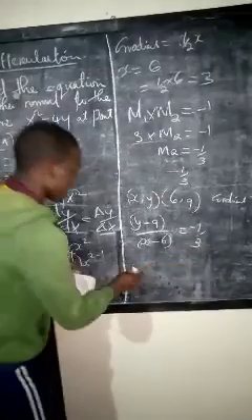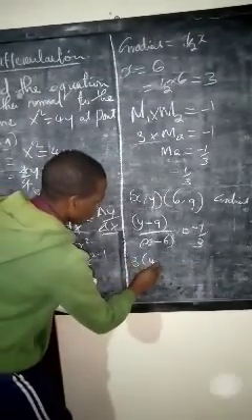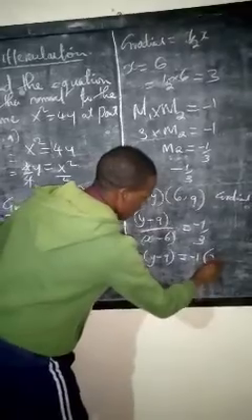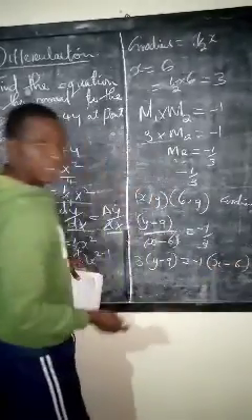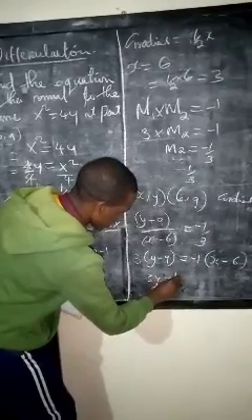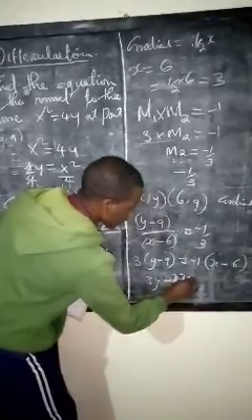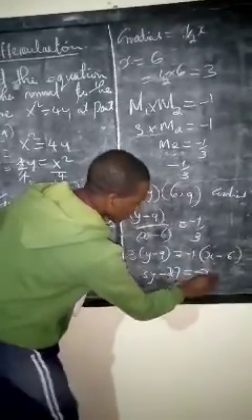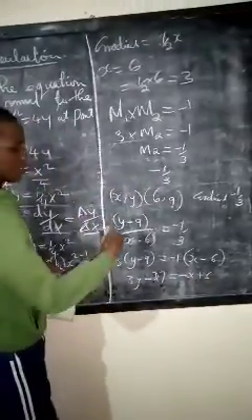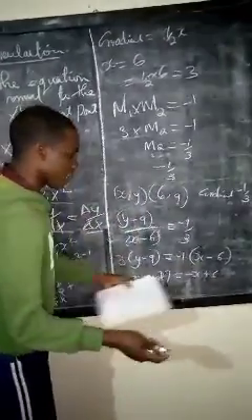We cross multiply, we get 3 into (y minus 9) equals -1 (x minus 6). This will give us 3y minus 27 is equal to -x plus 6. We can simplify further or leave it at that point.